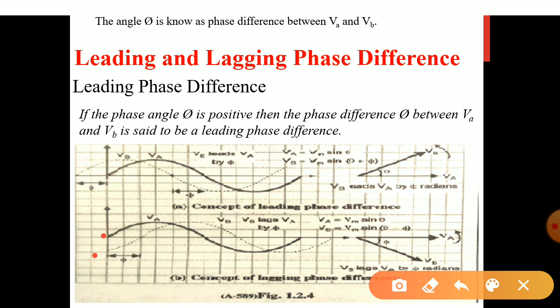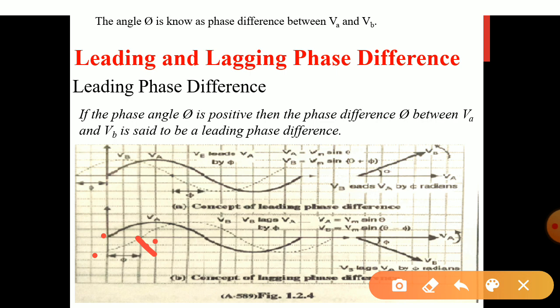We have started from the origin, and at the 0 point this VB signal is coming at this point, that is near about 90 degrees or less than 90 degrees. This VB is crossing our origin point here.